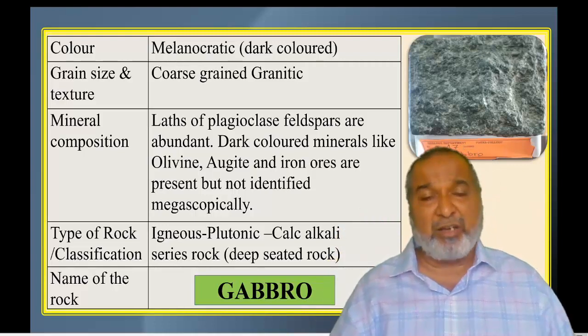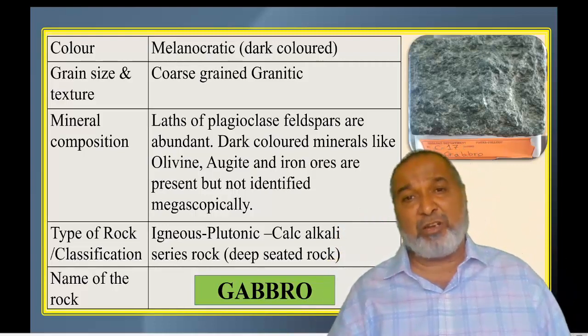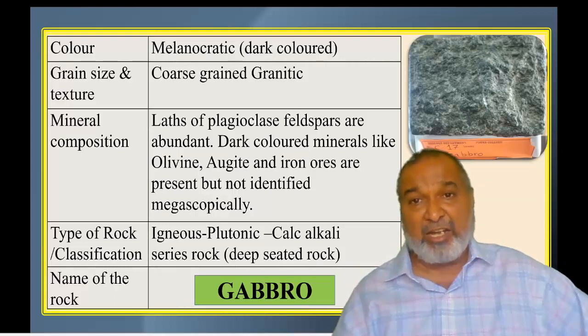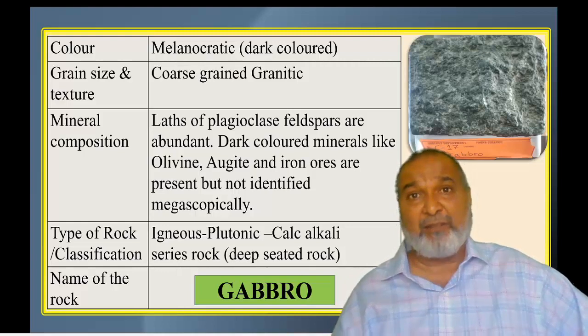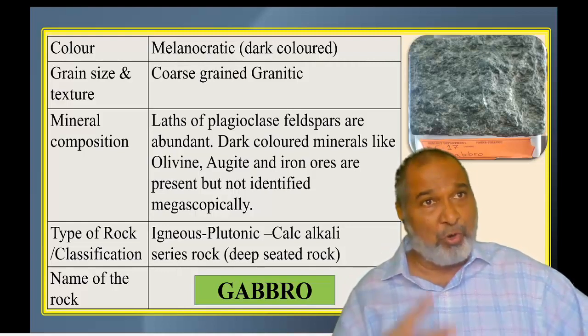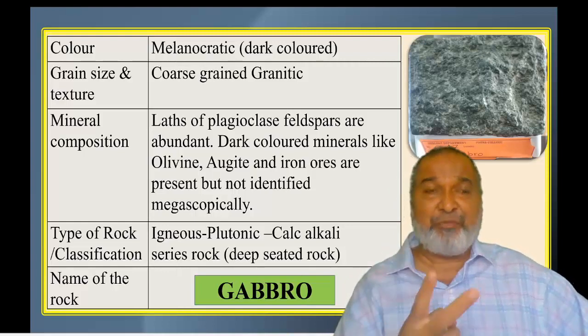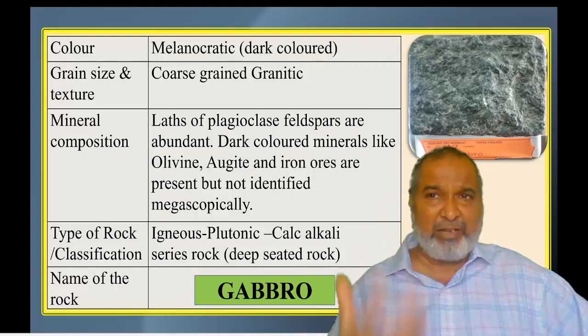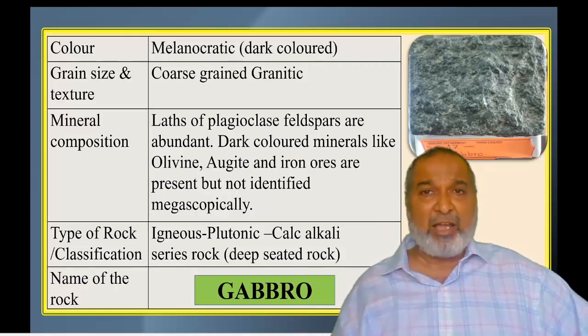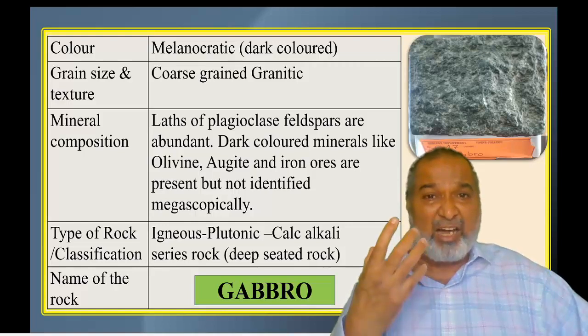What are the grains in that? Lots of plagioclase feldspar, abundant, and dark colored minerals like olivine. How are you going to identify olivine and augite? Very important: both are green, but there is a difference. Olivine is olive green, a totally different color, whereas augite is dark green.